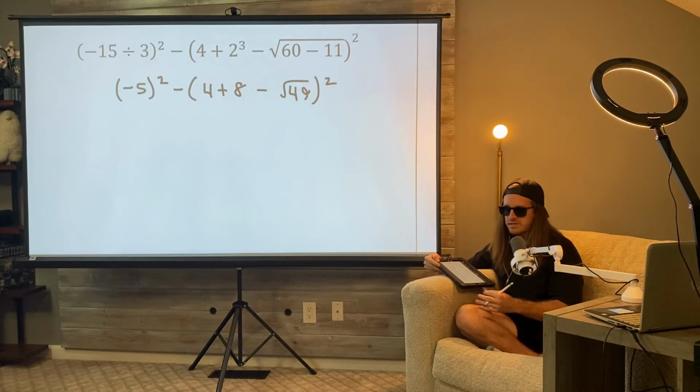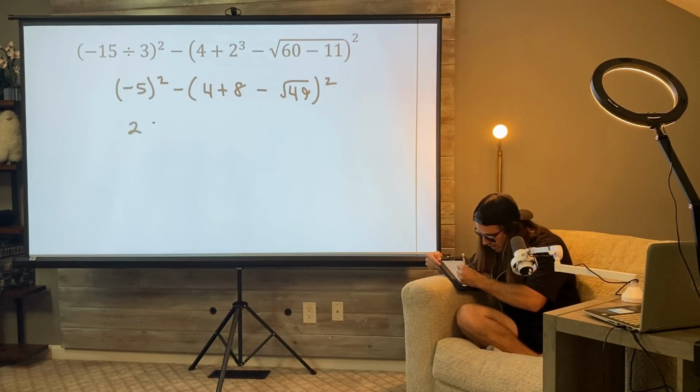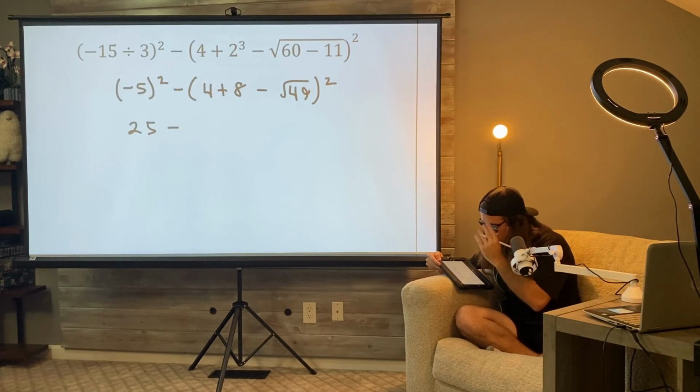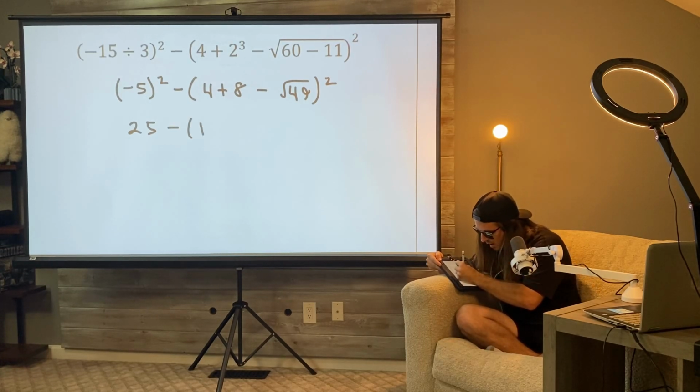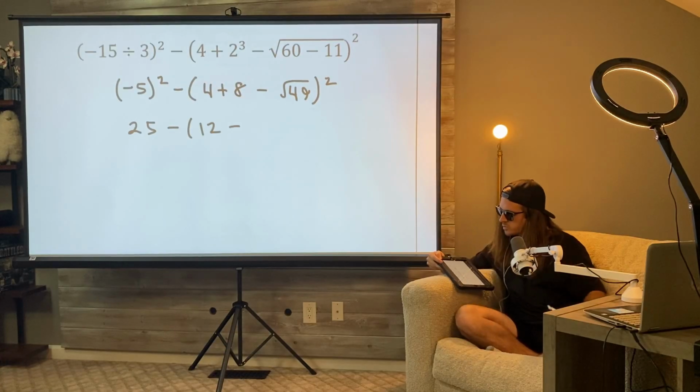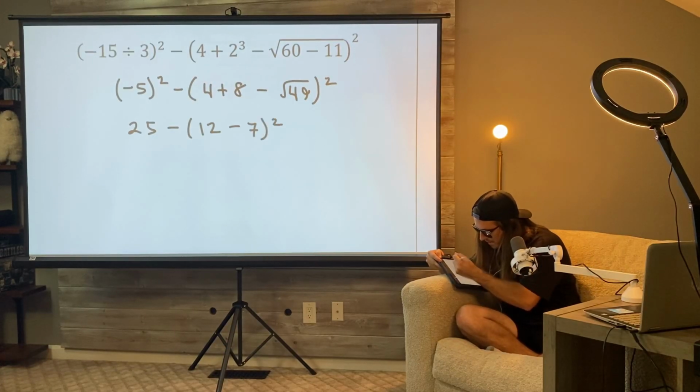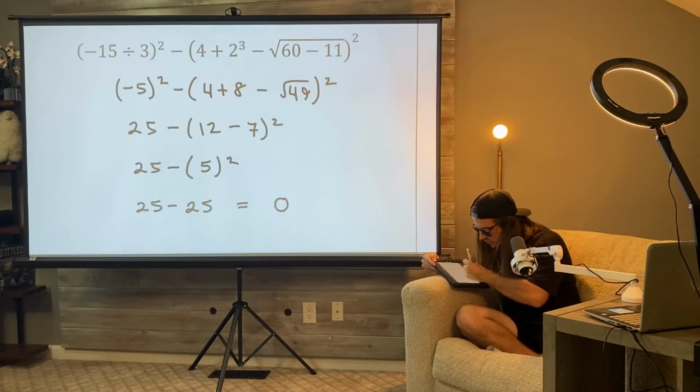Negative 5 with parentheses squared is going to be 25. 4 plus 8 is 12. Square root of 49 is 7. 12 minus 7 is 5. 5 squared is 25. 25 minus 25 is 0.